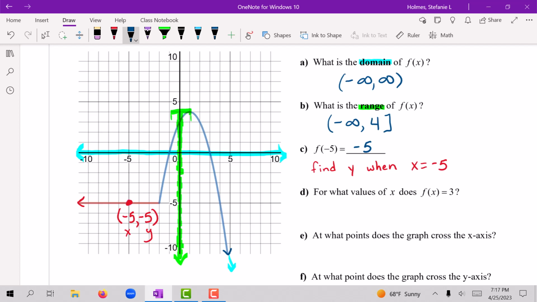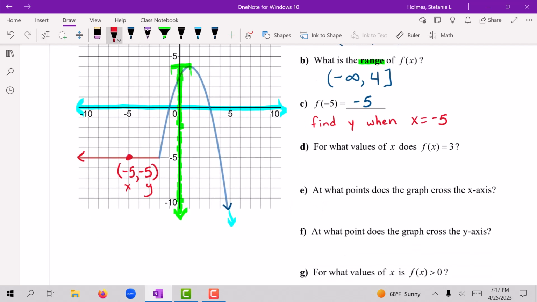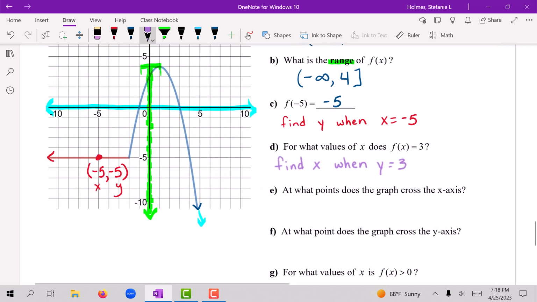All right, on part D, it's flipped. So this one says find x when y is 3. So to do that one, we go to y equals 3, 1, 2, 3.